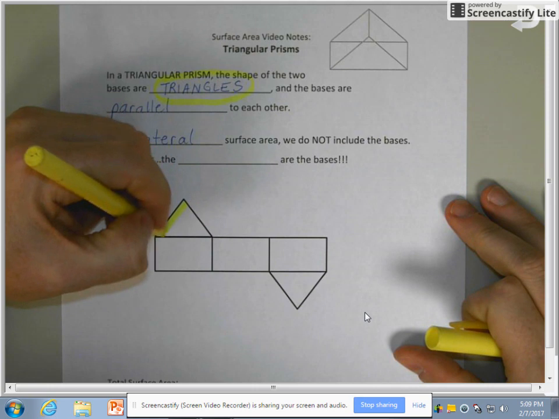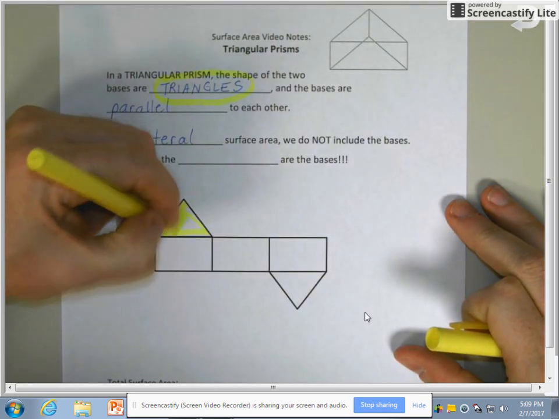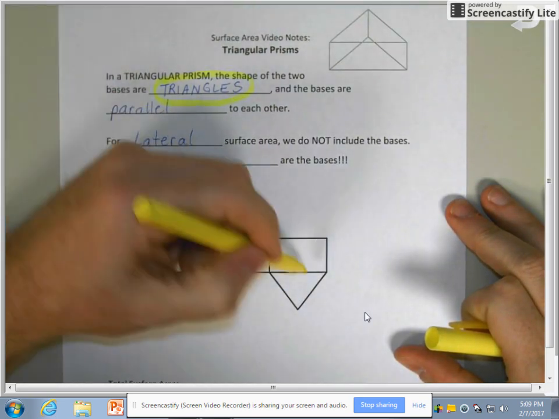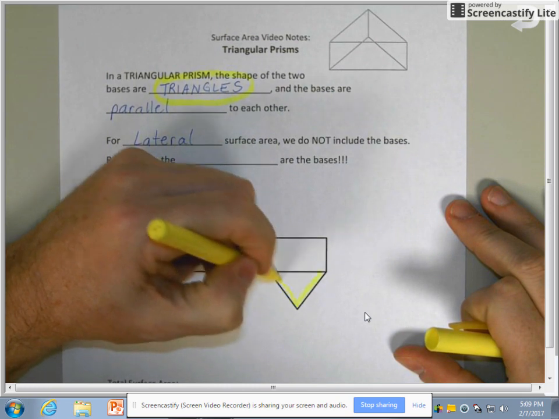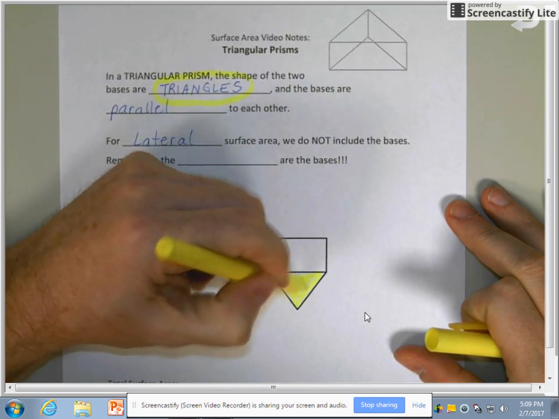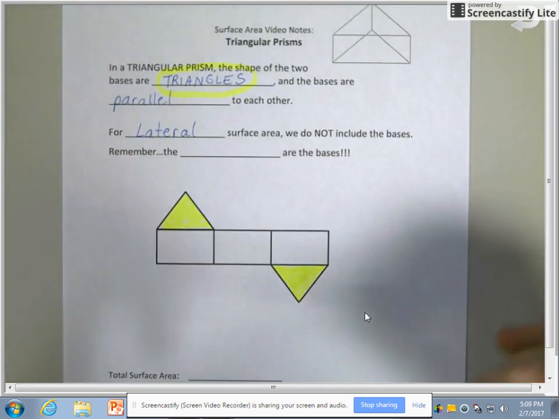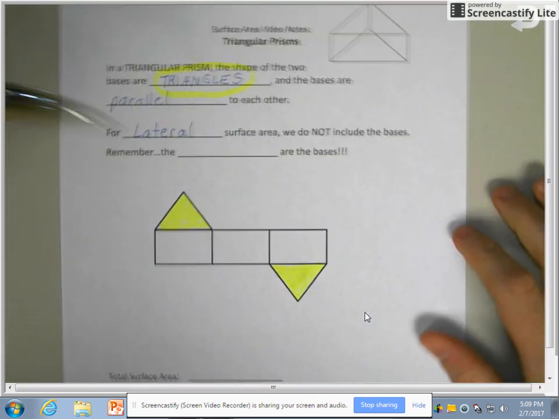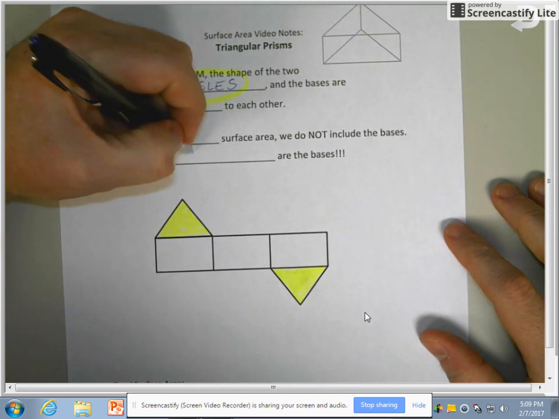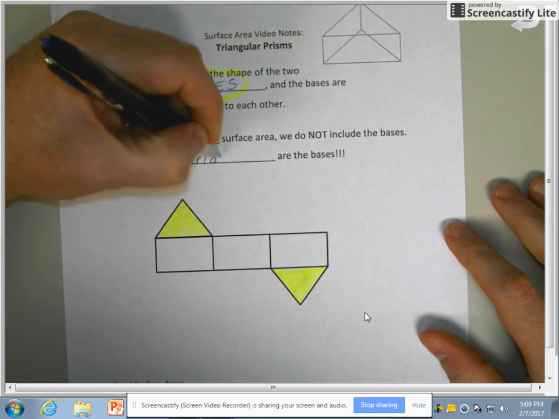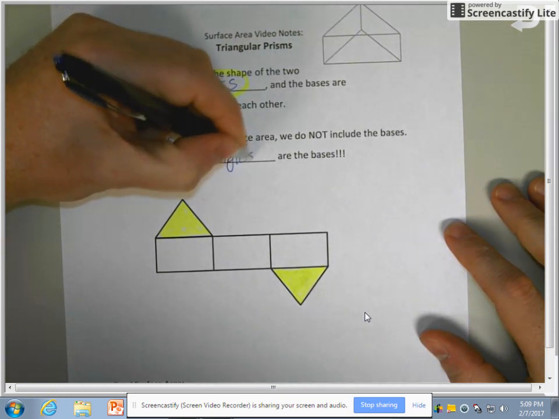So in this particular net, the bases are these triangles. Try to highlight that, make sure you see that the bases are the triangles.